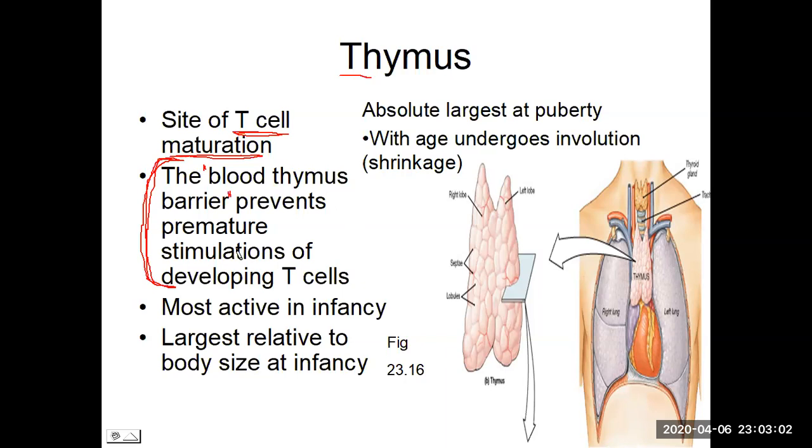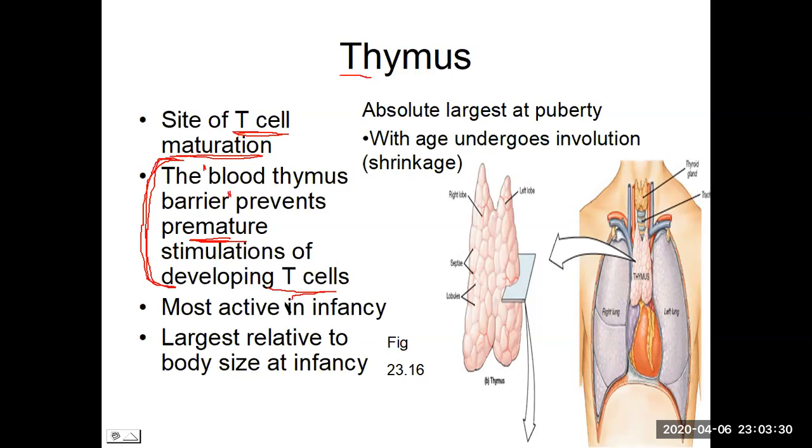That prevents the premature stimulation of immature T cells. The risk would be that immature T cells might start to attack our own healthy cells. So we need them completely developed, sensitized to our own unique chemistry, before they become activated. And that's the purpose of this blood-thymus barrier.